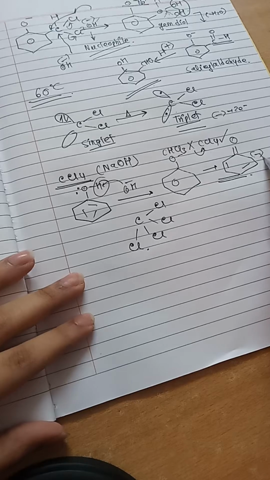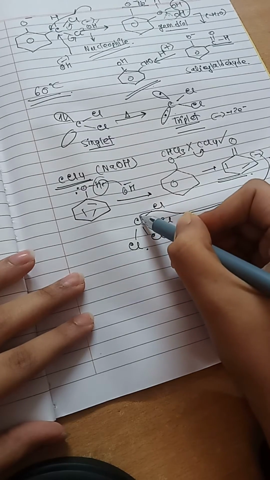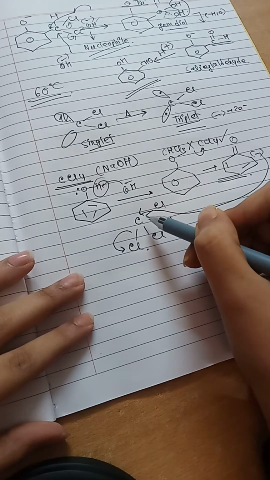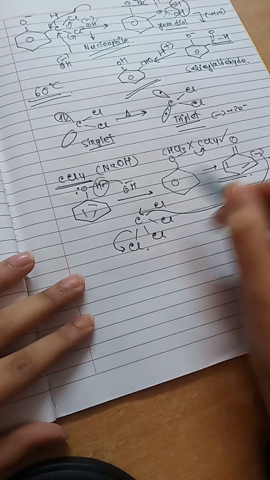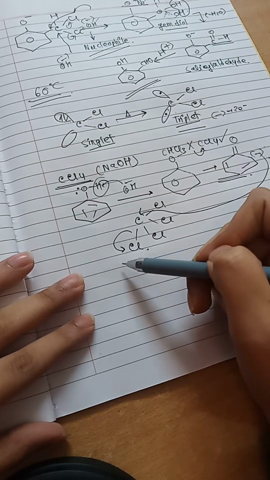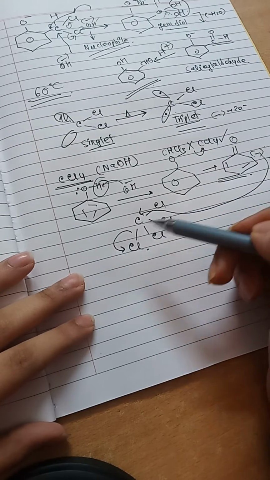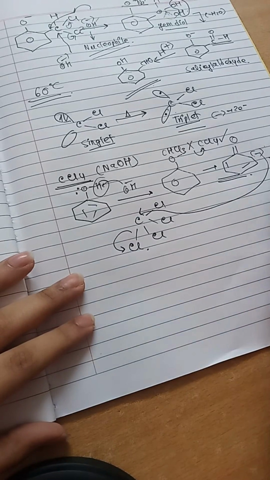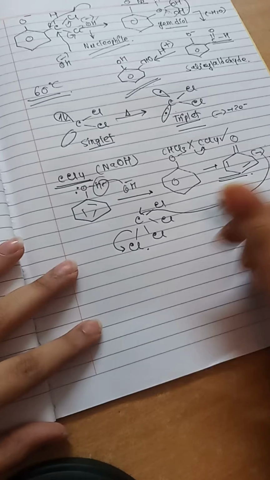Now this negative charge will be donated to this carbon, and one Cl will move out because the carbon has to be tetravalent. Okay, if this negative charge is donated to this carbon, then one Cl will have to move out, because otherwise carbon will become pentavalent if all the Cl's are attached. So one Cl will move out so that the carbon remains tetravalent.